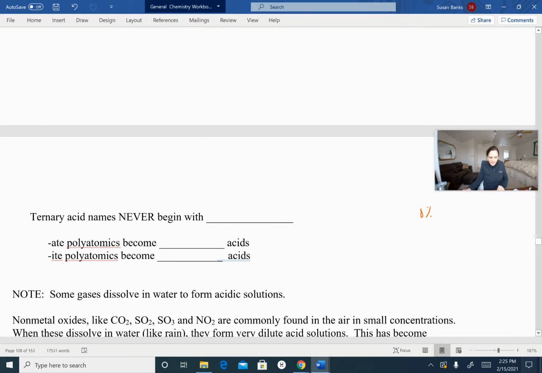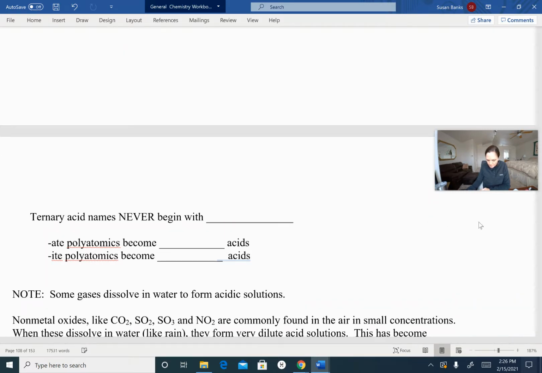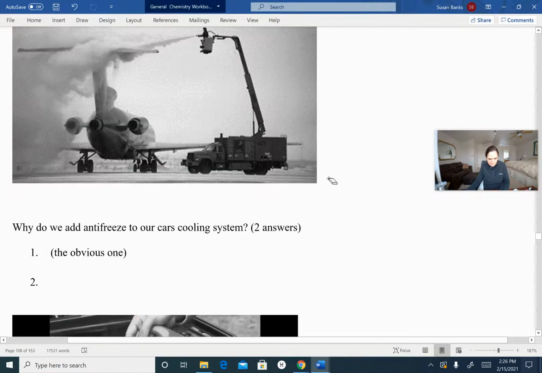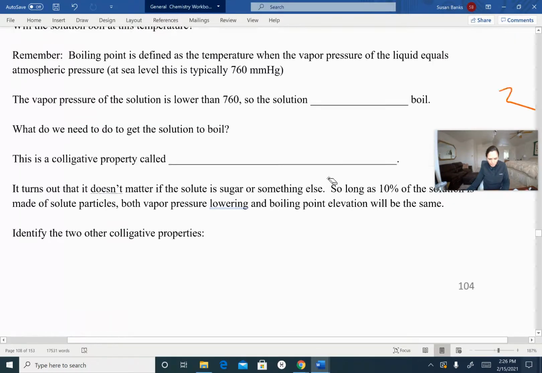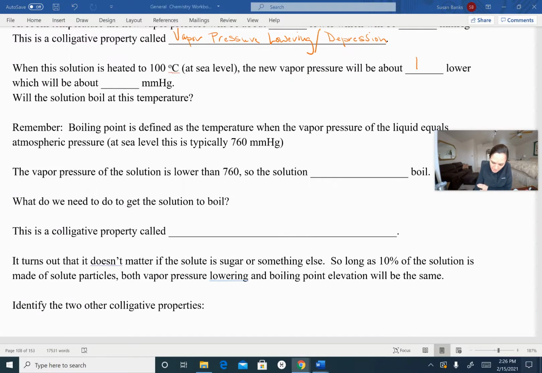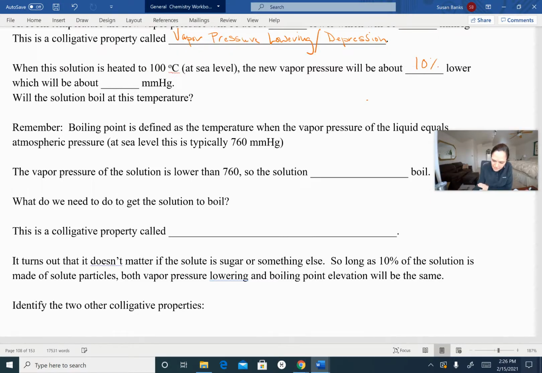So at normal pure water, we would expect it to be 760 millimeters of mercury to boil.